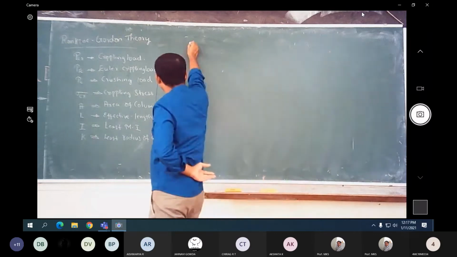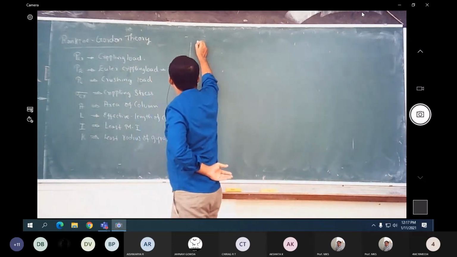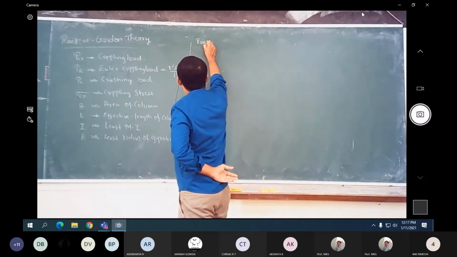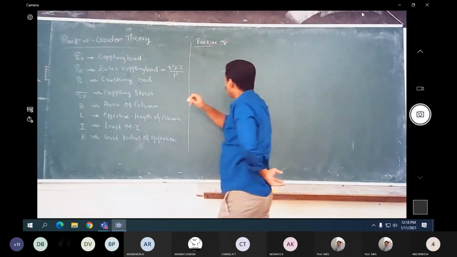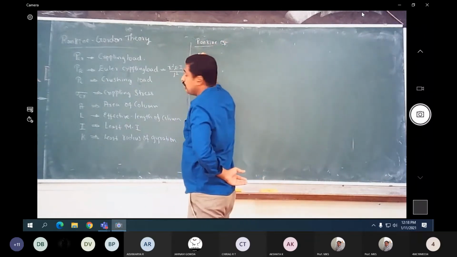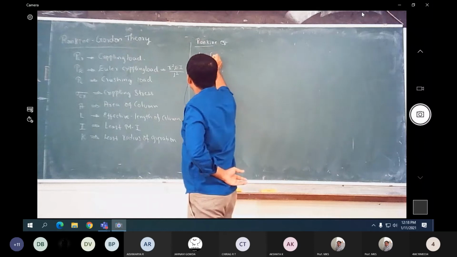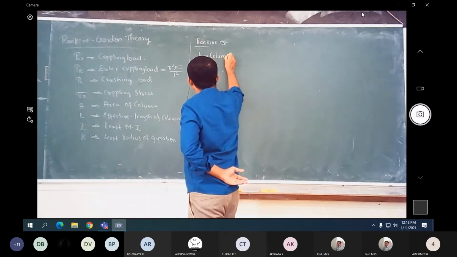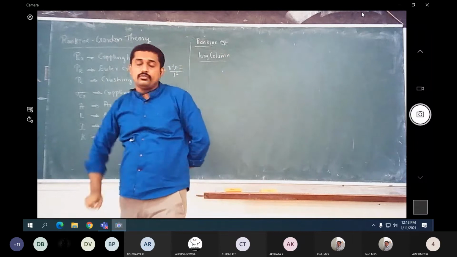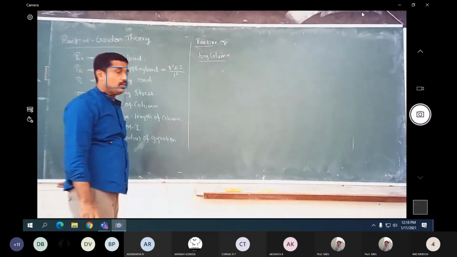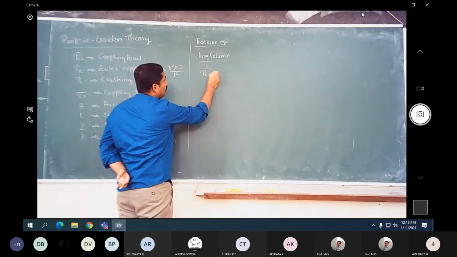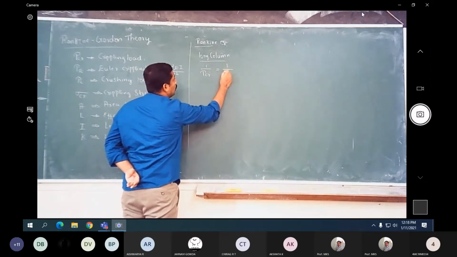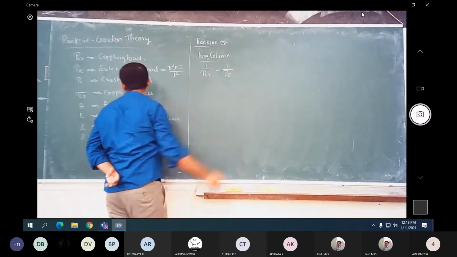So the general Rankine equation. First one for a long column. The long column fails under a buckling load or a crippling load. So 1 by PCR, the buckling load, will be equal to 1 by PE.